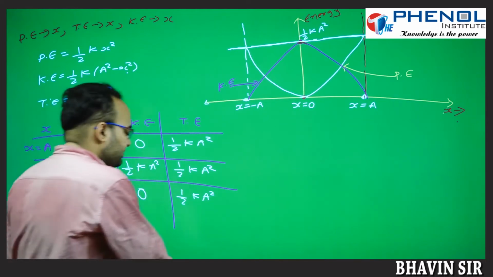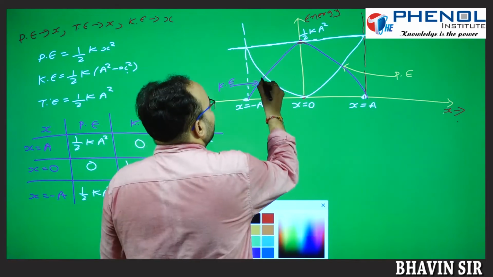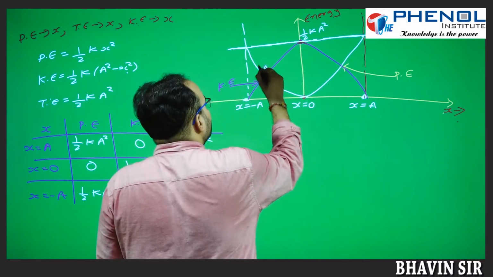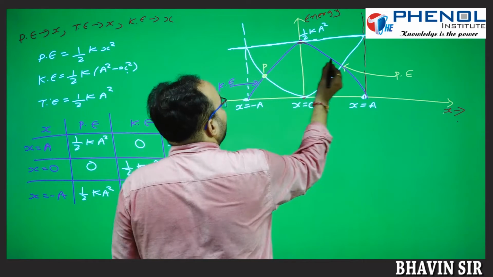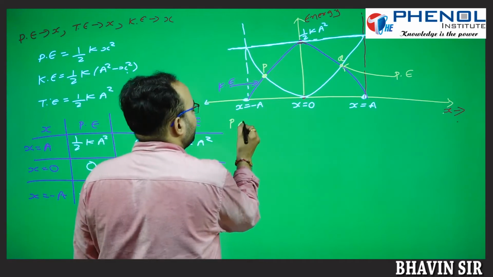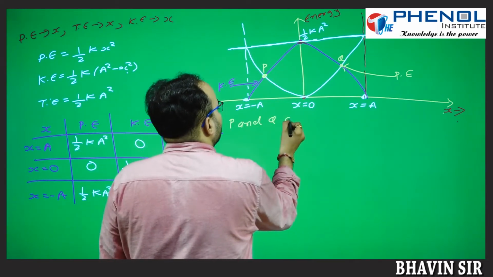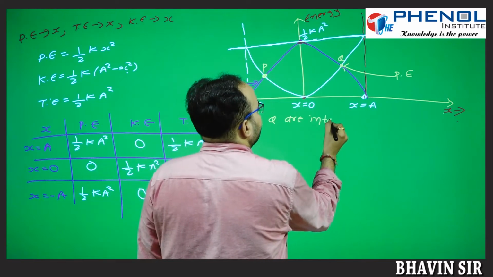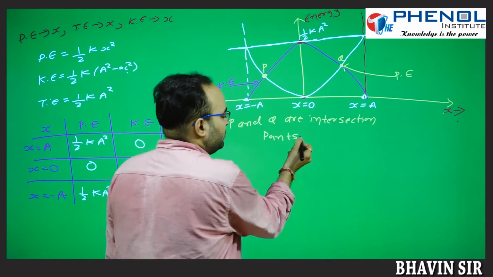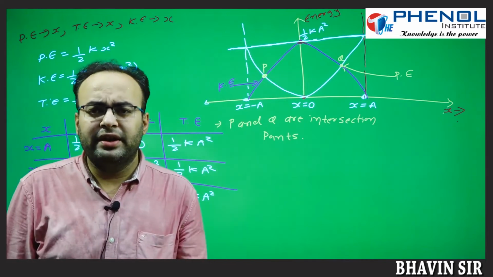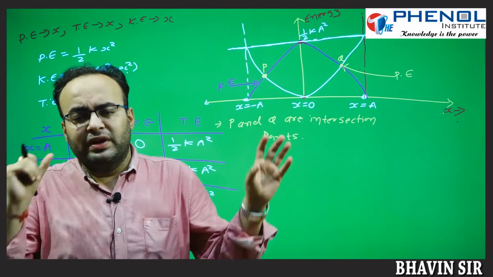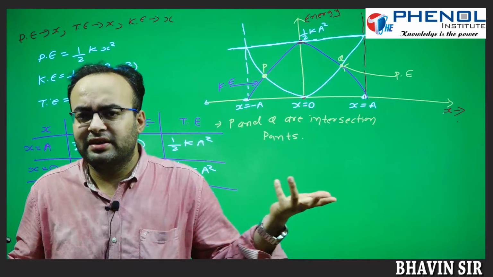Now we want to find the intersection point, students. See, these two are the intersection points. Suppose P and Q are the intersection points. Now we want to find for which value of displacement kinetic and potential energy are the same.